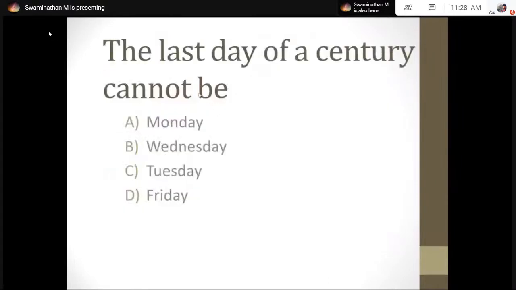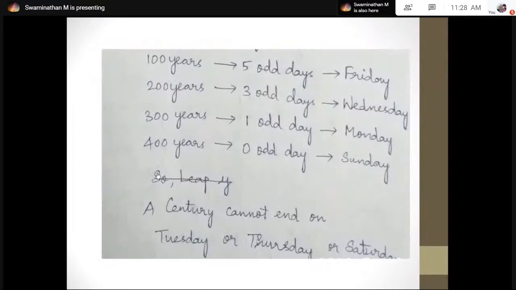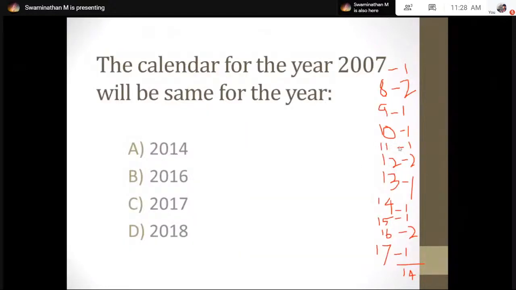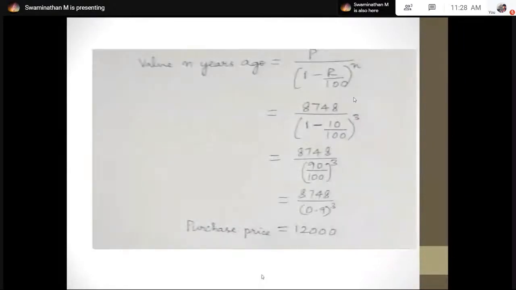And the last day of a century cannot be... This is again a repeated question. Please note this. This is the solution based on the odd days I'm calculating, and a century cannot end on these days. And this is after how many years the same calendar will repeat. That is for 2007, 2018 is the answer.